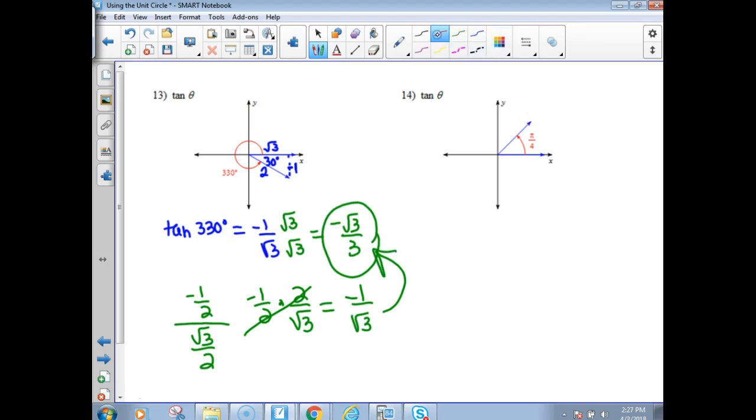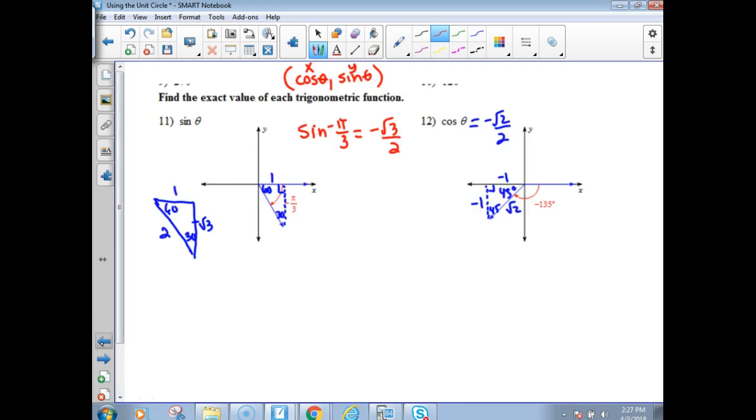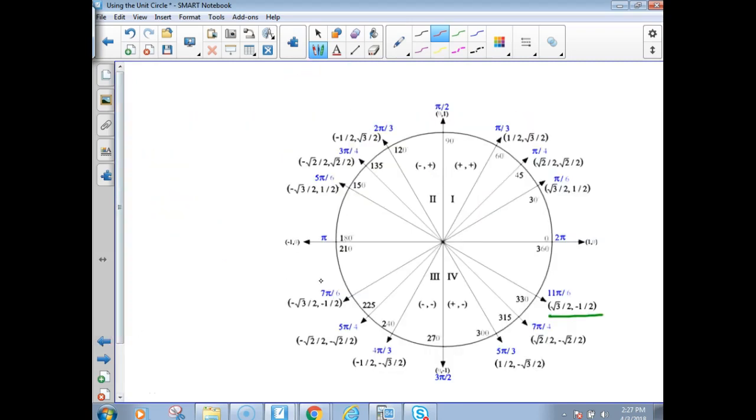All right, next one, tangent of pi over 4. Say you forgot about your special right triangles and you went to your unit circle. Here's your pi over 4. It's square root of 2 over 2 for the cosine, square root of 2 over 2 for the sine, or x, y.